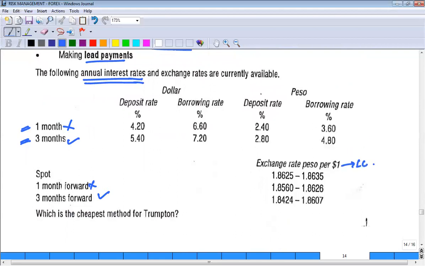Local currency is the denominator, that is pesos per dollar. That means indirect quote.